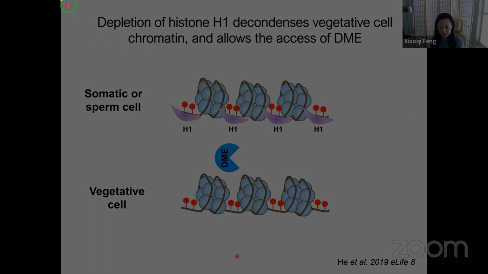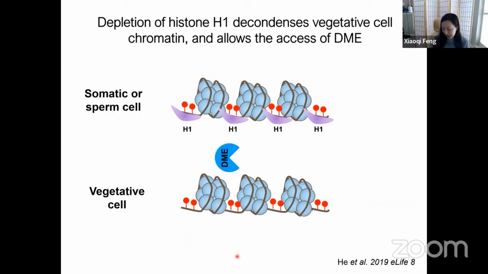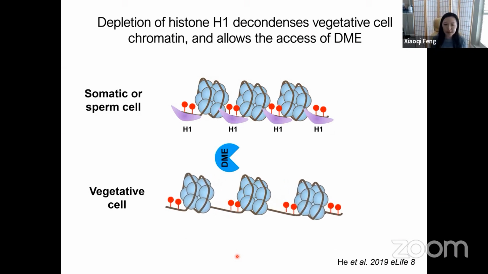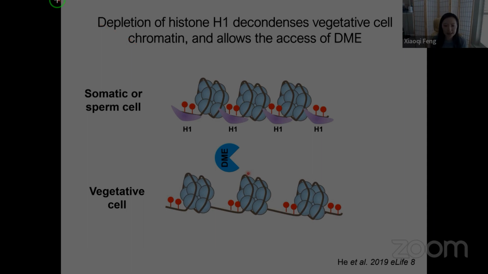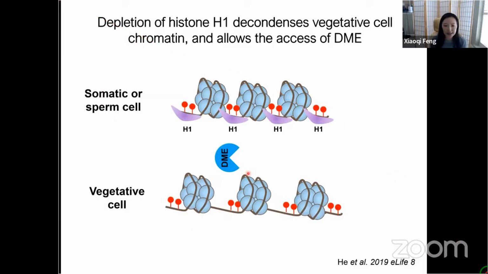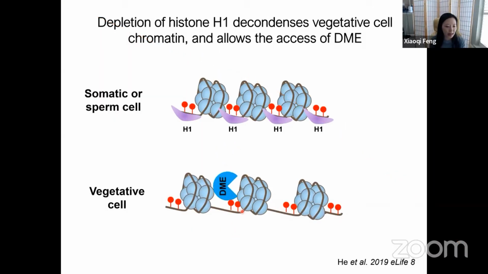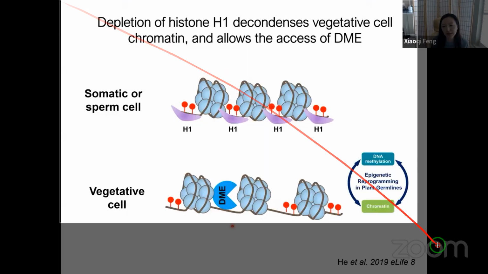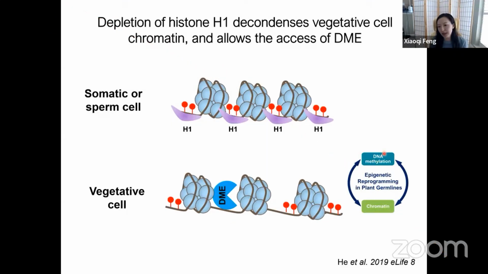And our work demonstrated that this H1 depletion decondenses the vegetative cell chromatin and facilitates the access of a DNA demethylase called Demeter to the DNA. I show this because I think it is a nice illustration of how the studies of DNA methylation and chromatin are very well interconnected.